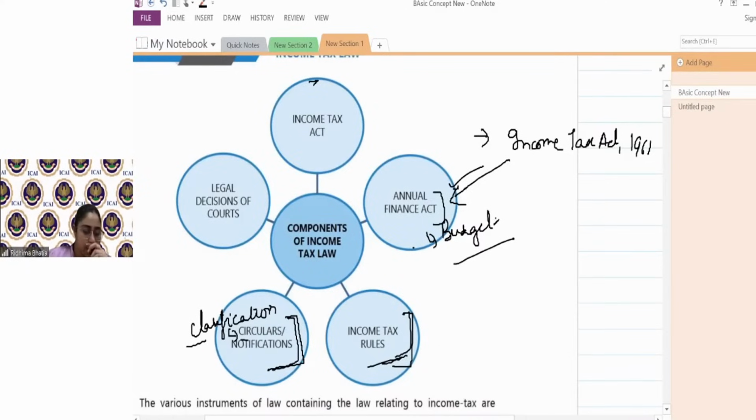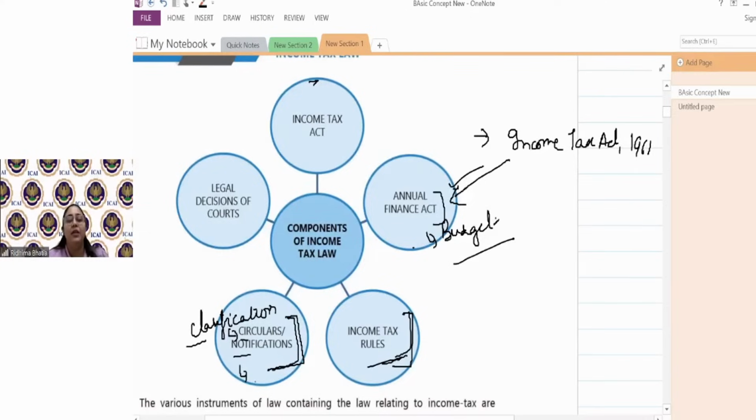Sometimes there is a clarification on a particular definition. Sometimes there is a clarification on a provision of the act. Anything can happen and it comes through circulars. Then, ma'am, what is notification? See, notification, guys, circulars clarify something. It is basically for the department as a whole, so that every person in the department follows the common understanding.